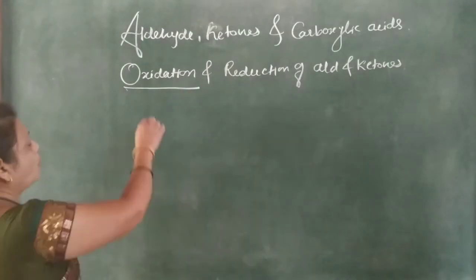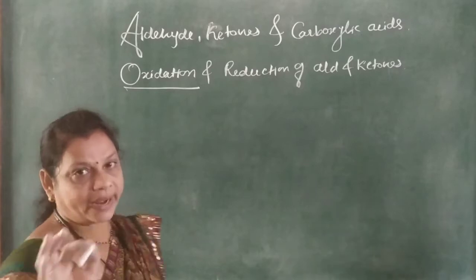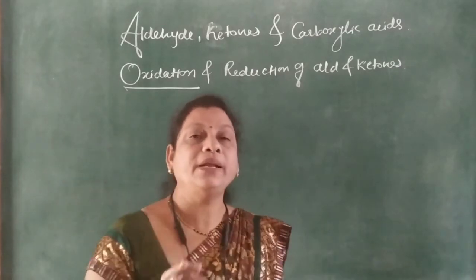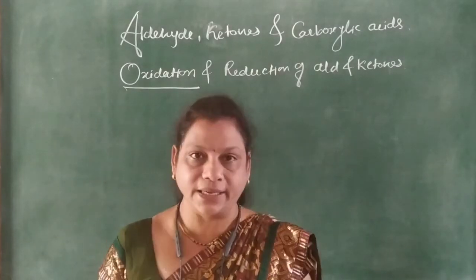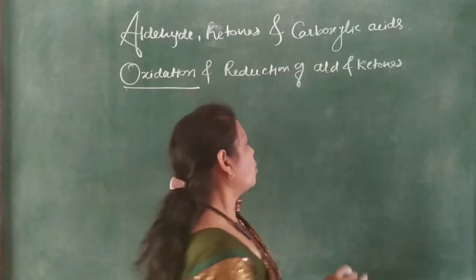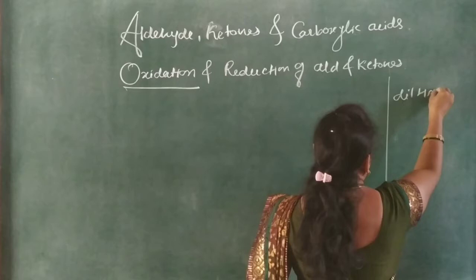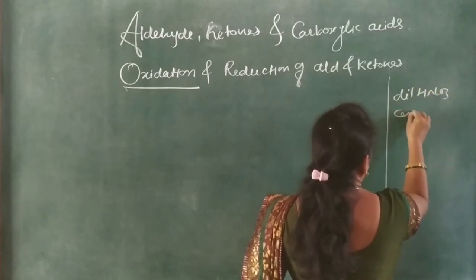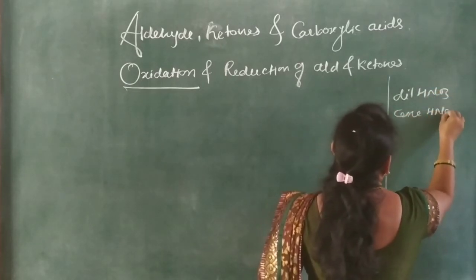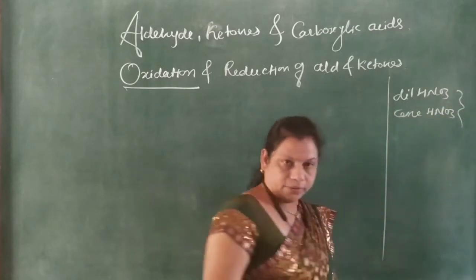So you know that the oxidation of any organic compound is carried out in the presence of some oxidizing agent. Which are they? These oxidizing agents are dilute nitric acid, or maybe concentrated and hot nitric acid, depending upon the need.